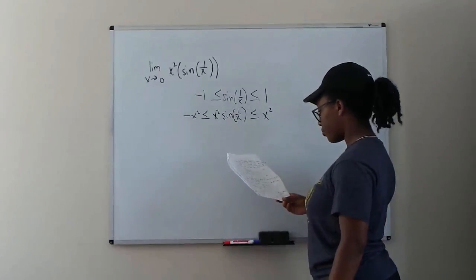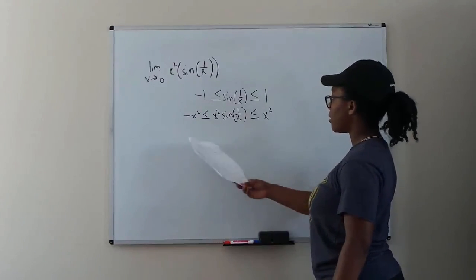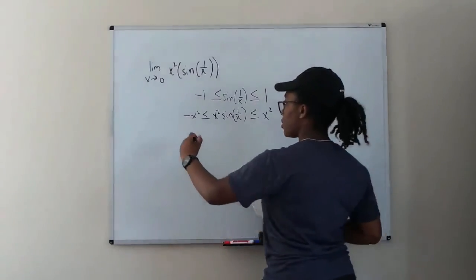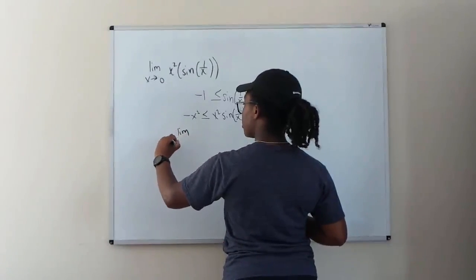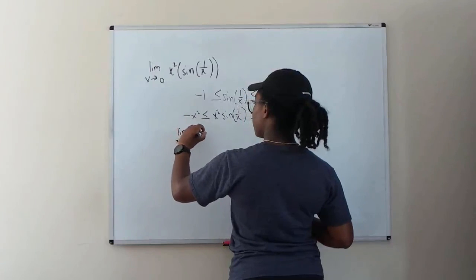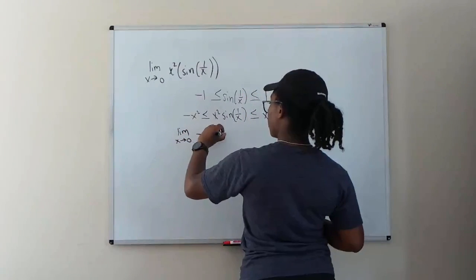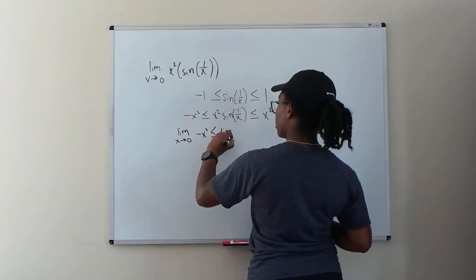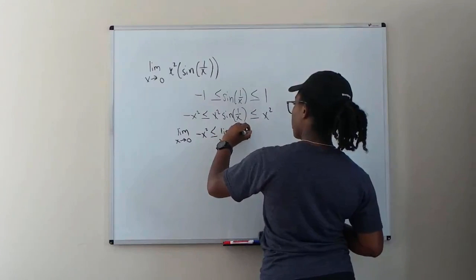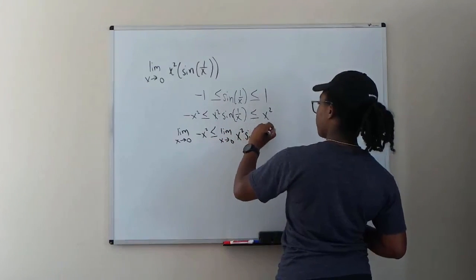Okay, so now we can take the limit of all of these. So we're just going to apply the limit as x approaches 0 of negative x squared. We're going to apply it to the one we're actually trying to solve. And then we're going to apply it to the one on the outside.